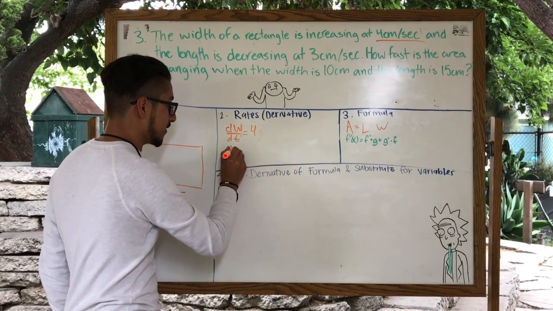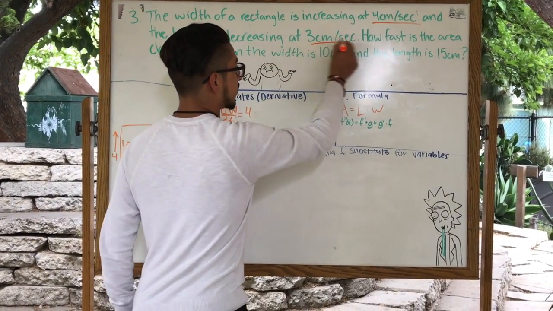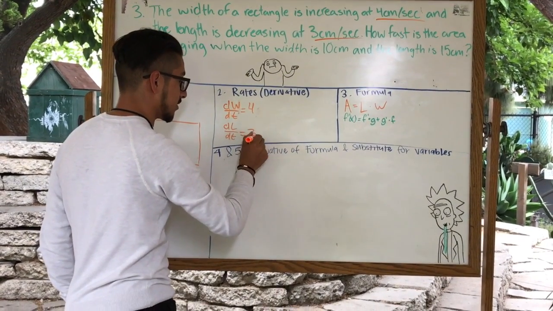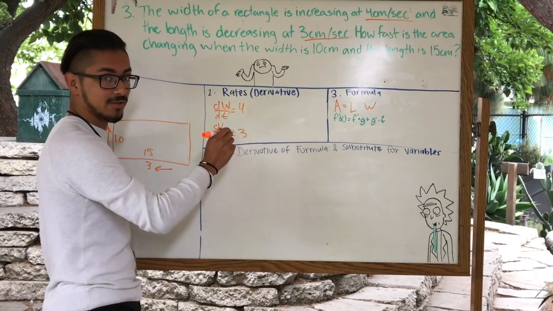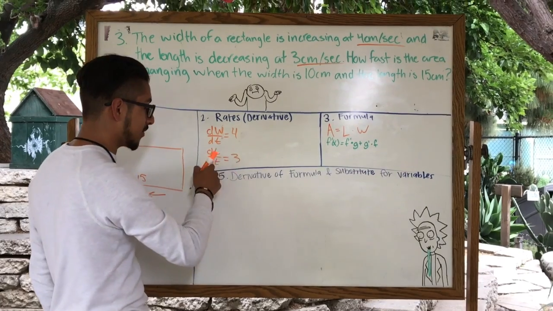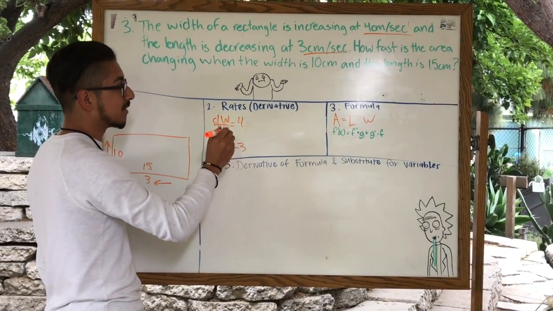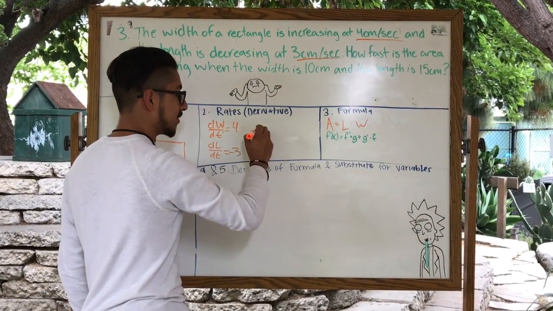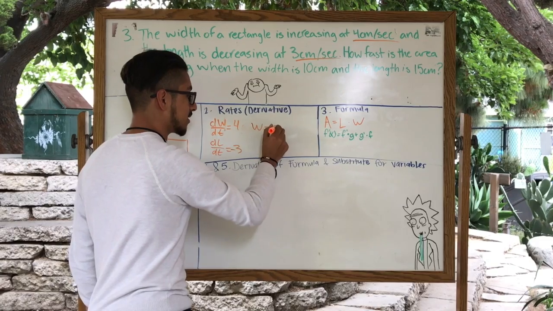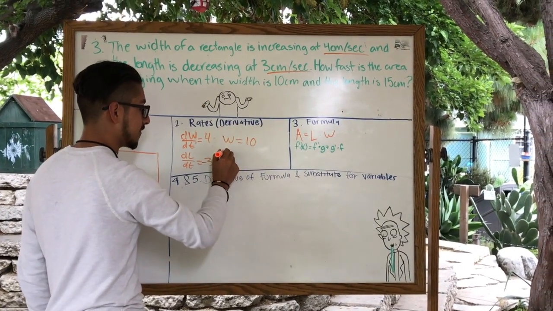So we have dl/dt equals 3 centimeters a second. Oh, it's negative because it's decreasing. So when we plug in dl/dt to the equation, we're going to plug it in as negative. And how fast is the area changing? When the width is 10 centimeters, so we know our width equals 10, and our length equals 15.